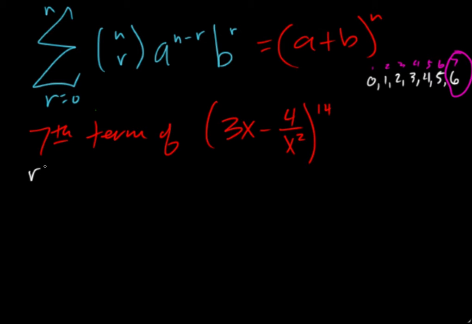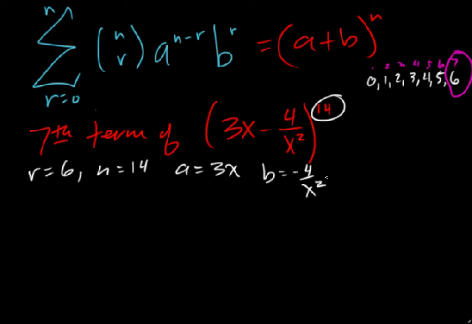So our r value is going to be 6. We know our n value is 14. A value is 3x, and b is negative 4 over x squared. So all we need to do is plug it into this thing.